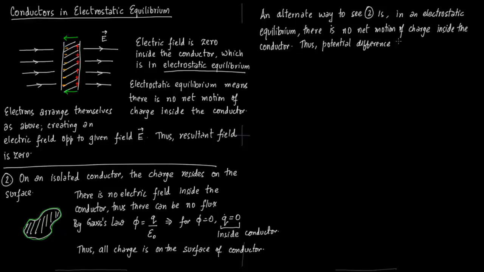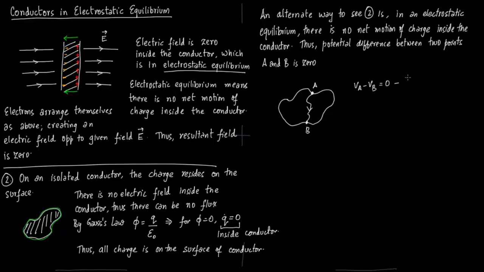That is, potential inside the conductor is the same everywhere because nothing is moving. Potential is like the motion of, say, water. Since nothing is moving inside the conductor, no electrons are moving, so potential is the same everywhere. So potential difference is zero. In particular, if you go from point A to B, the potential difference would be zero.